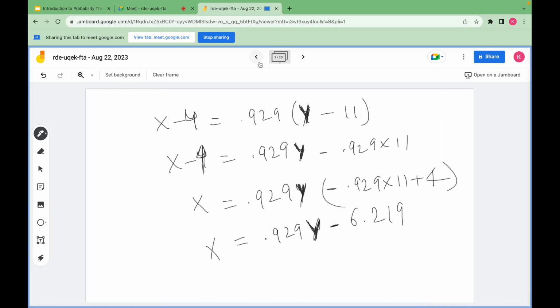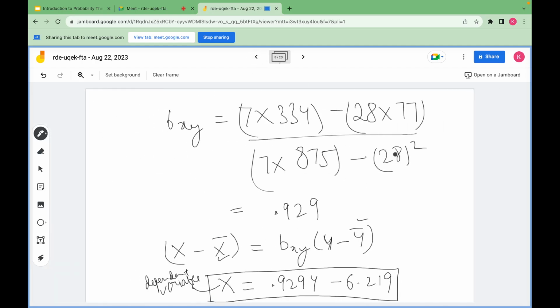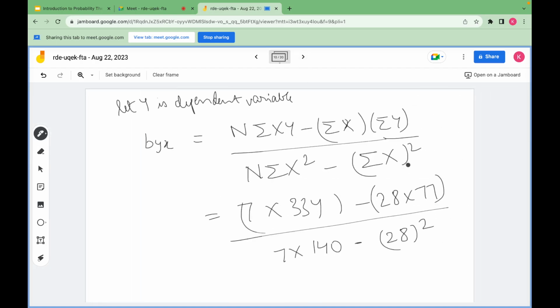In the previous case it was sigma y square with 77; here it is sigma x square, with 28 square. This will come out to be similarly 0.929 again.